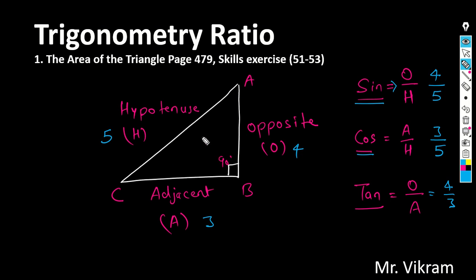So if I say sine C, from this angle, this side will be your opposite, this is hypotenuse and this is adjacent. So sine C is opposite over hypotenuse, which will give you 4 over 5. That's how you will have to check. Let's try to understand using some examples.